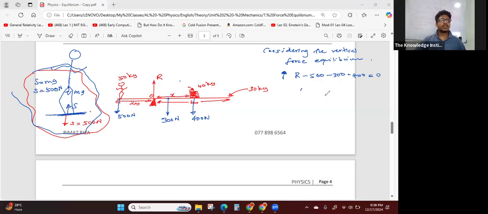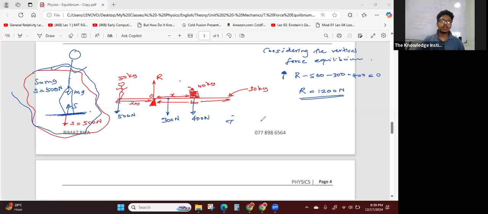Okay, and the next thing is I want to find this distance x. So therefore, I'm going to consider the torque. You can consider the clockwise torque or anti-clockwise torque. I consider the clockwise torque because the weight of this makes clockwise torque. So therefore 400 into x, 400 into x plus this is also the weight of the plank making a clockwise torque.